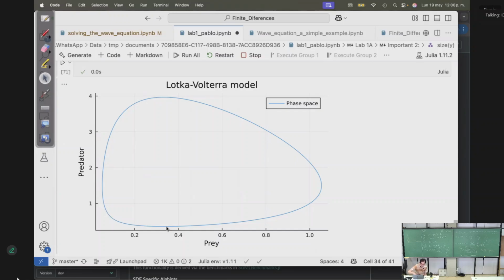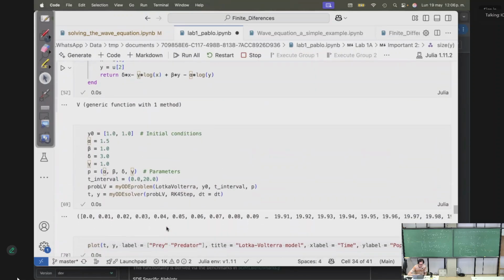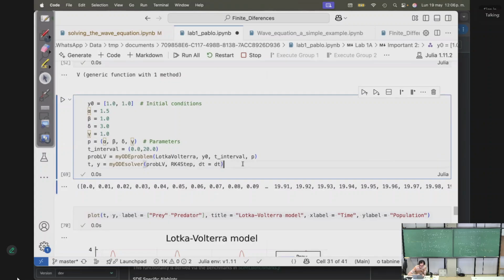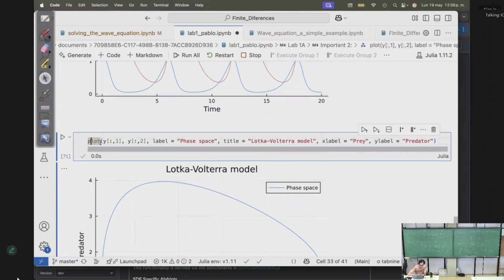So this is the cycle that we are seeing. But we can do this with several values of the initial data. Okay. So again here, this is what we are going to do now.